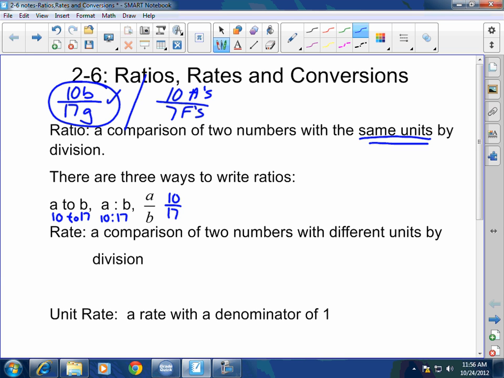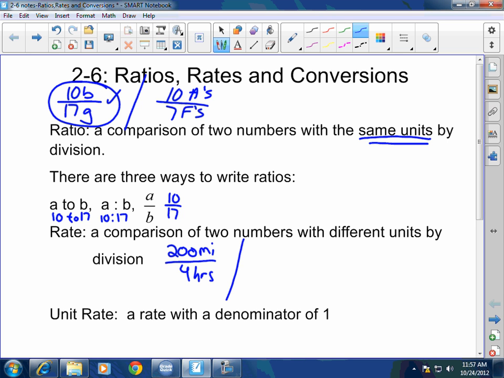Now, a rate. A rate is a comparison of two numbers with different units by division. So this is where we get into these examples. Like, I traveled 200 miles in 4 hours.